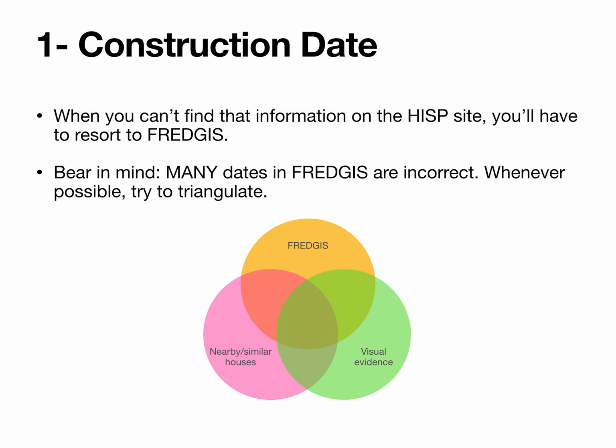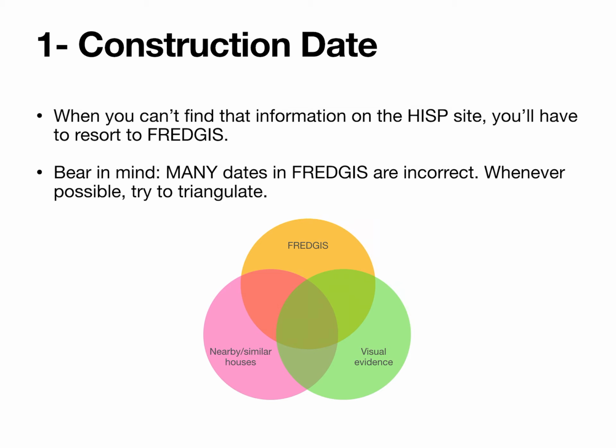Please try to look around and see if you can find more information. So for instance, are nearby houses or houses of similar design in the neighborhood, were they built in the same date or not? If they were, probably that's the correct date. And also trust the visual evidence. Does the house look way newer or way older than what Fred GIS says?